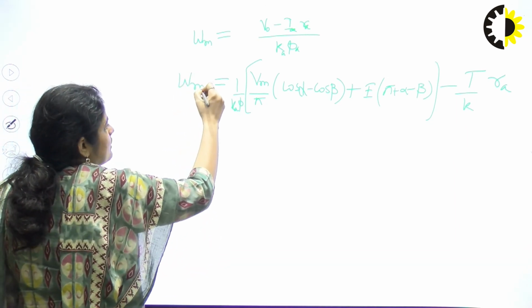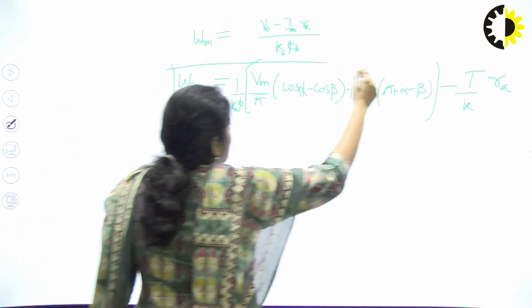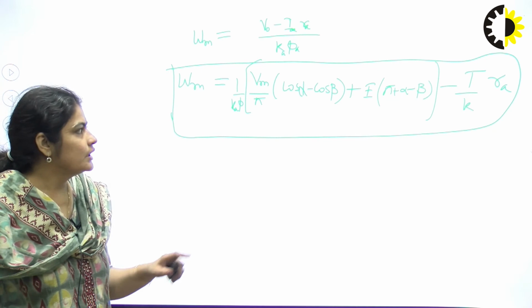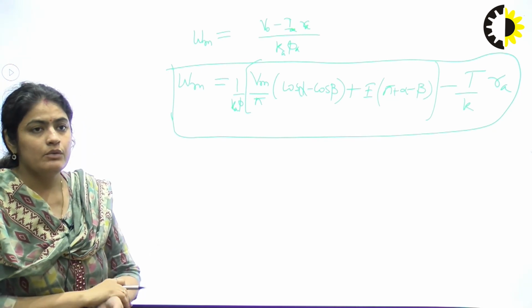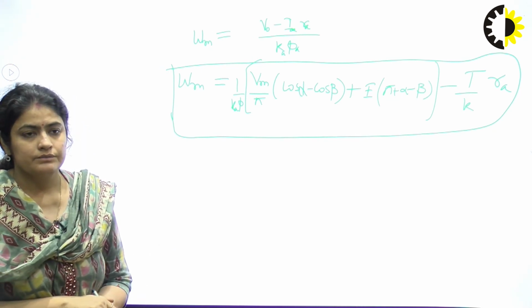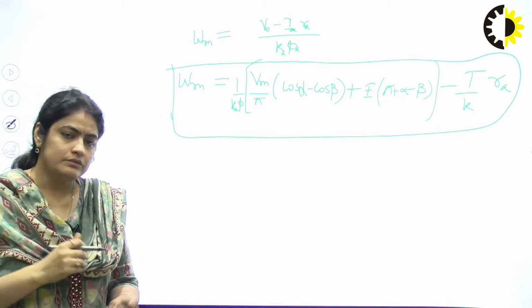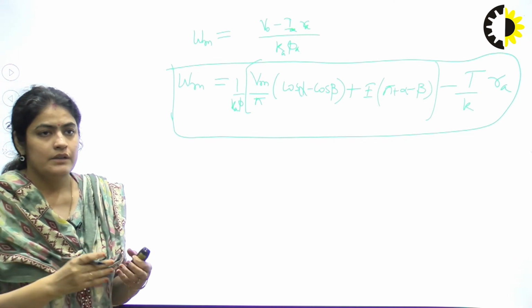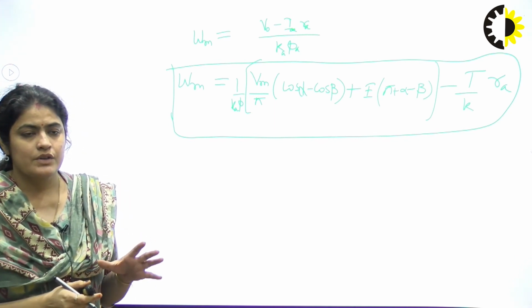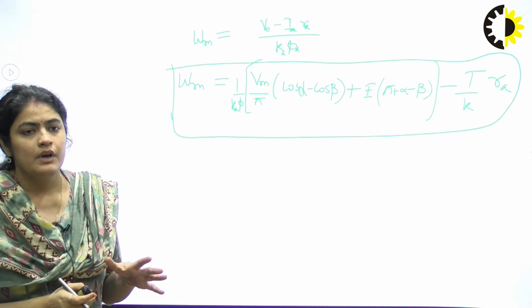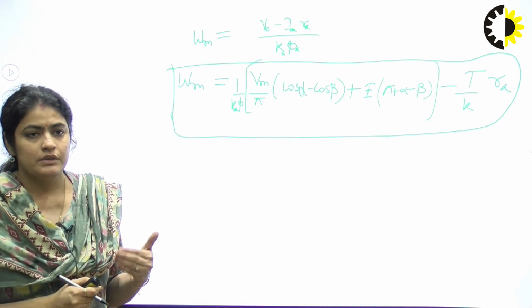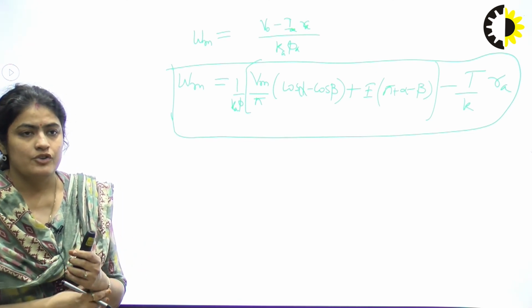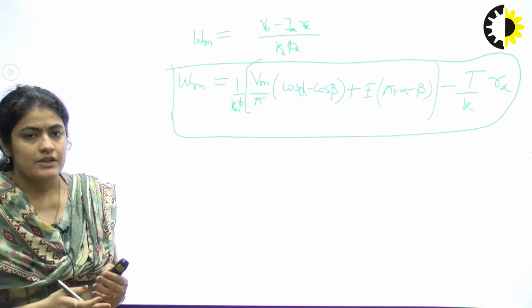So this is the relation between the speed and torque, and with the help of both, in the next coming class we are going to draw the characteristics and explain them, so that you can understand how, with the help of this waveform, the motor will perform in discontinuous mode and continuous mode, and how the characteristic will go.